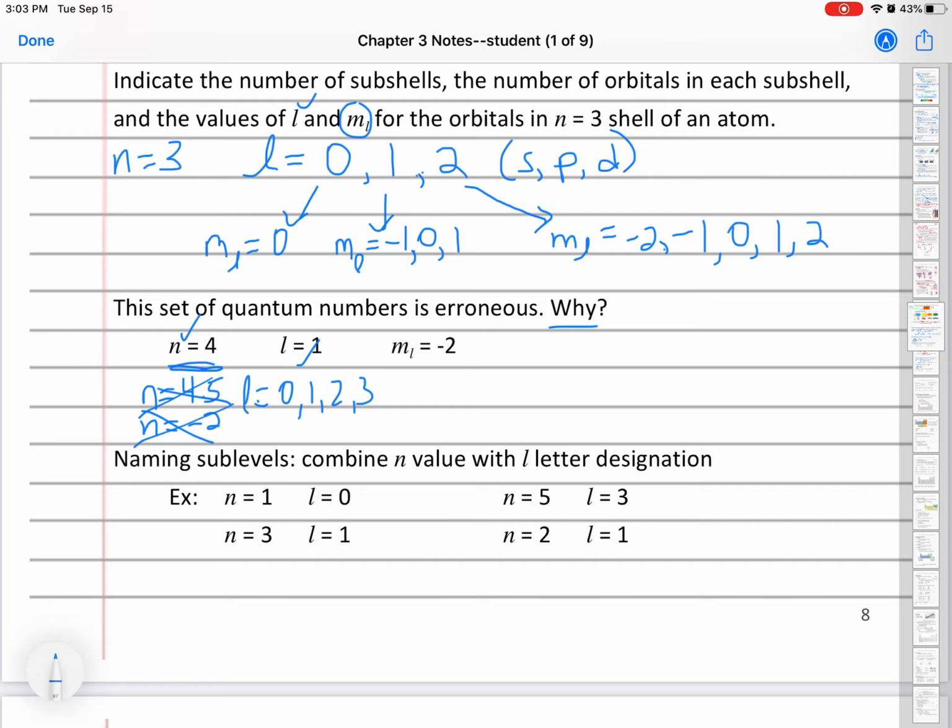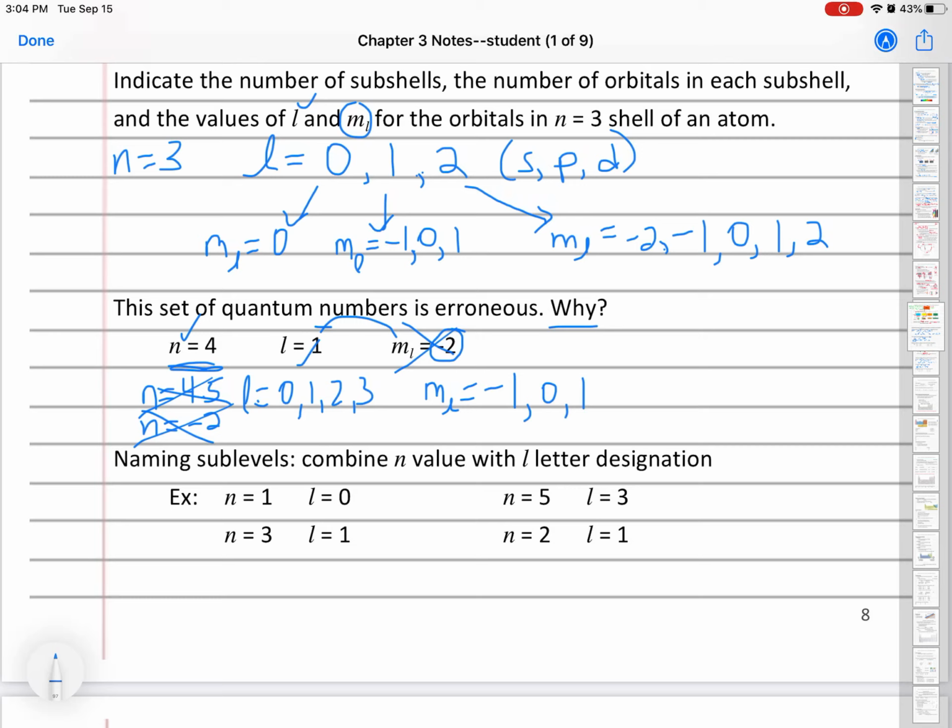Then we go to the m sub L value, and it depends on the L value. If L is 1, then our m sub L possibilities are -1, 0, and +1. So -2 is not possible if you have an L of 1. That is the problem with this set of quantum numbers.